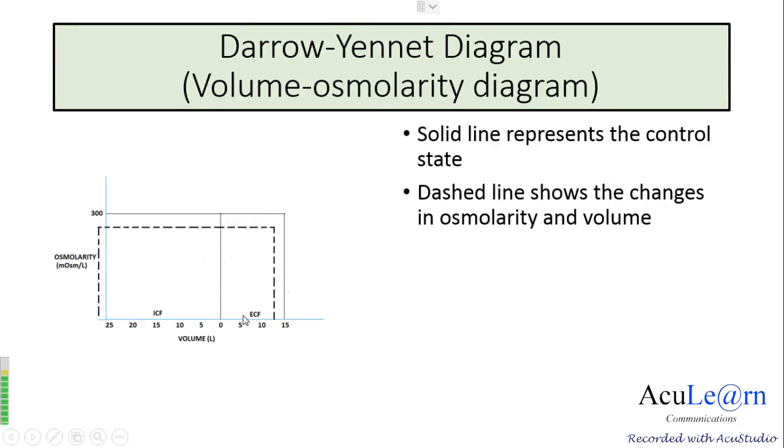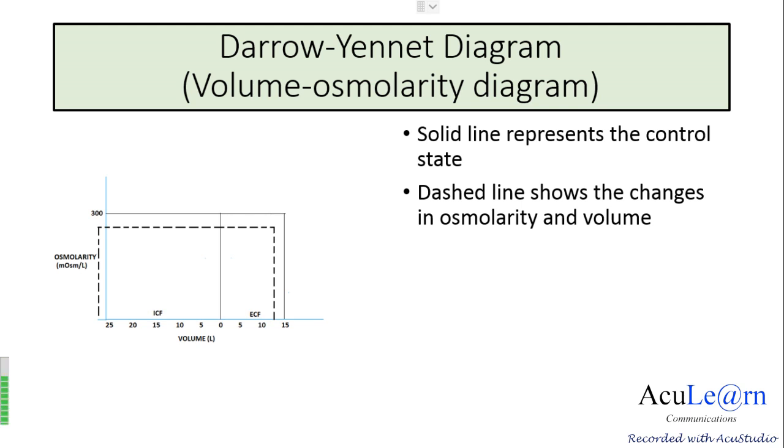Now, the volume osmolarity diagram is also called the Darrow-Yannet diagram. It is a graphical representation of the volume and the solute concentration in the extracellular fluid and the intracellular fluid. The solute concentration is expressed as osmolarity, and the unit is milliosmoles per liter.